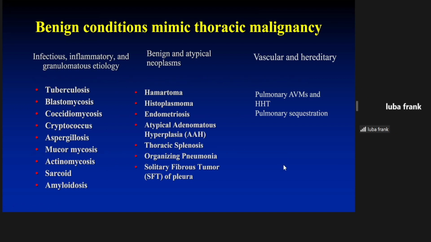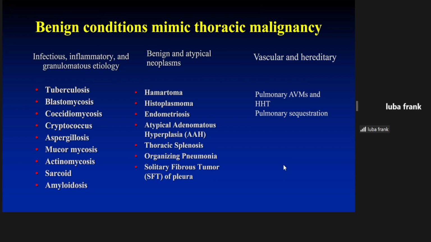So, benign conditions that mimic thoracic malignancy, as you see, there are a lot, and there's a huge list, and this list is not complete. Most common diseases are infectious, inflammatory, and granulomatous diseases. And just to name a few, those would be tuberculosis, number one and only.